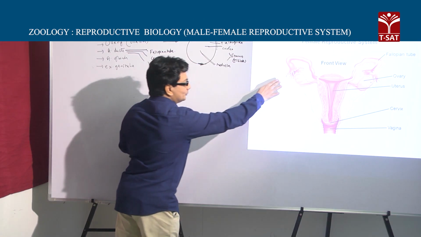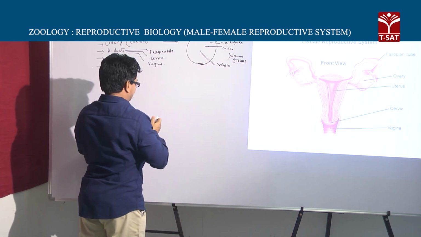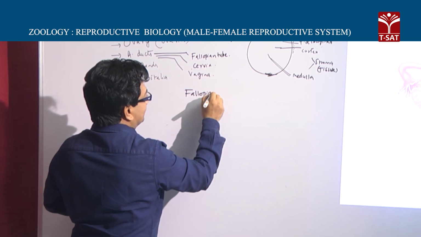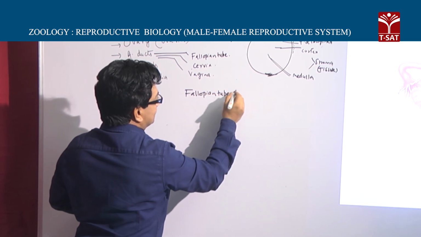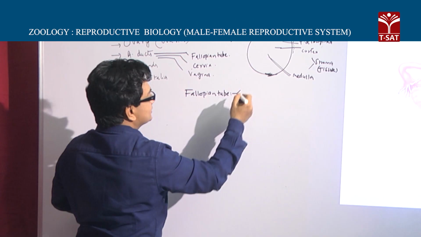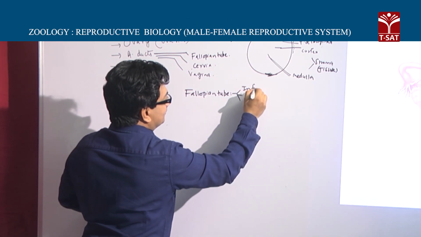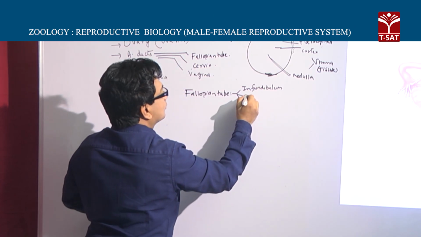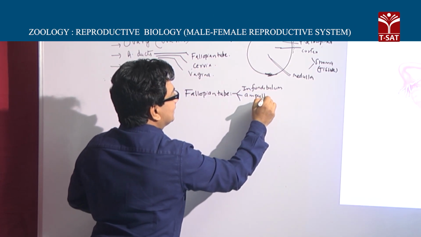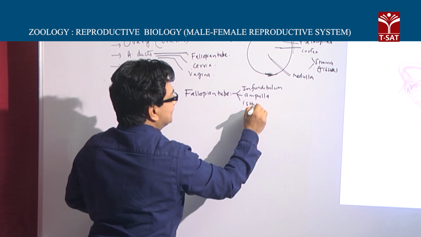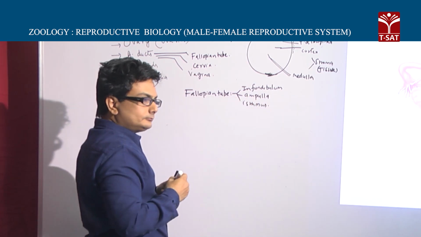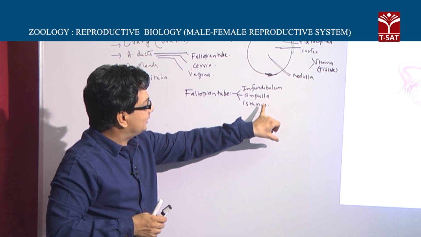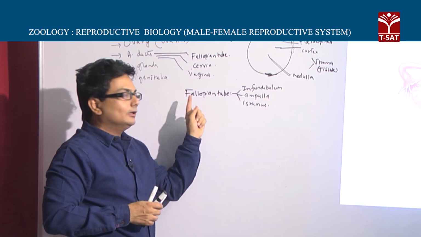So the fallopian tube has 3 regions. The first is the infundibulum, closer to the fimbriae, the next is the ampulla, and the last is the isthmus. Infundibulum, ampulla, and isthmus are the 3 regions of the fallopian tube.